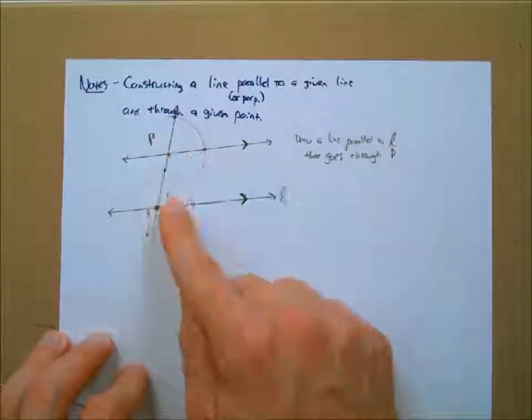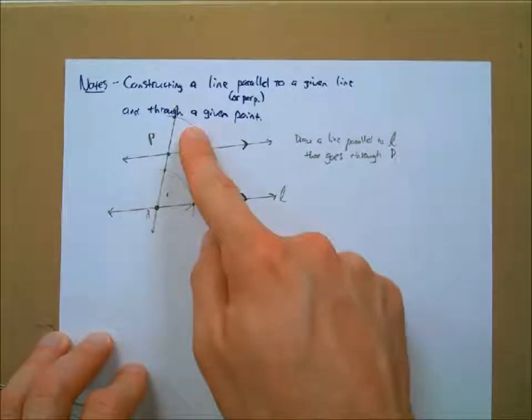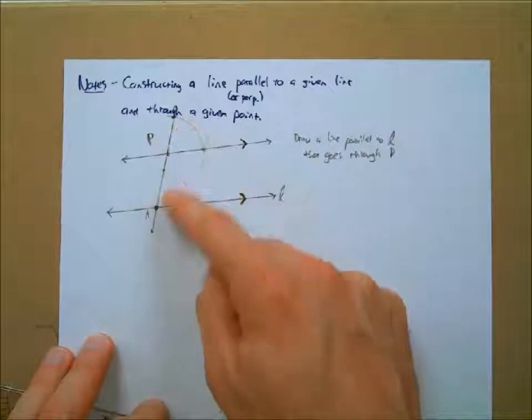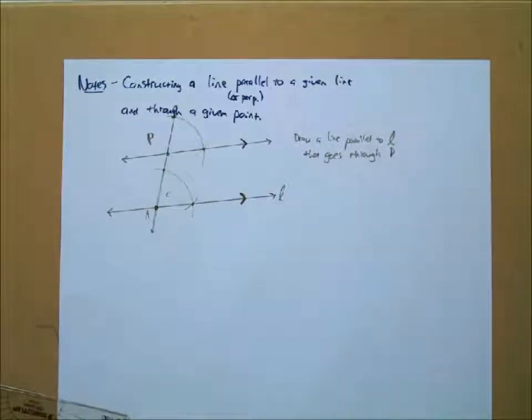We started with a line, and we made a transversal through that point P. We then copied this angle so that corresponding angles are congruent. Since the corresponding angles were congruent, we then said, aha, these 2 lines are now parallel. Normally, we start with the fact that the 2 lines are parallel, and that allows us to say corresponding angles are congruent. But we can also go in the reverse, and that will help us as well.